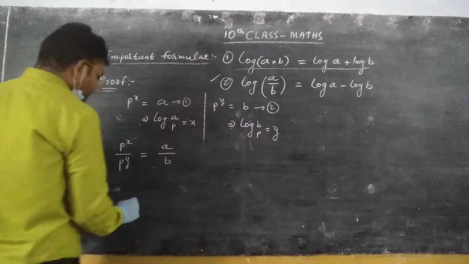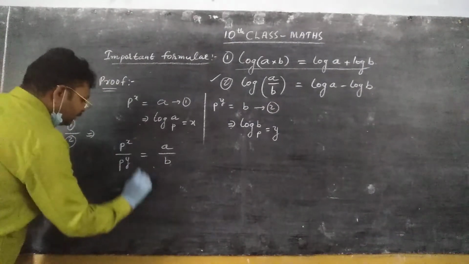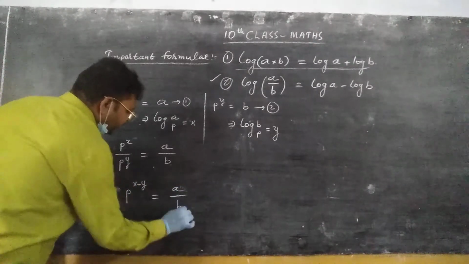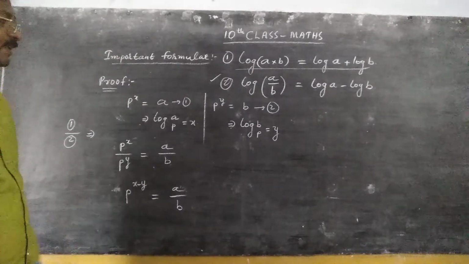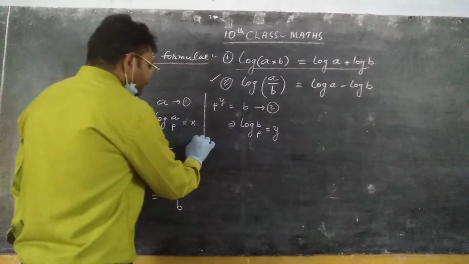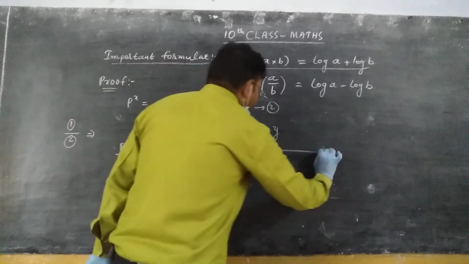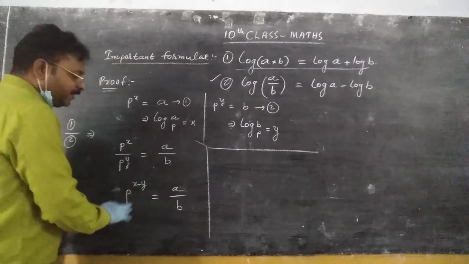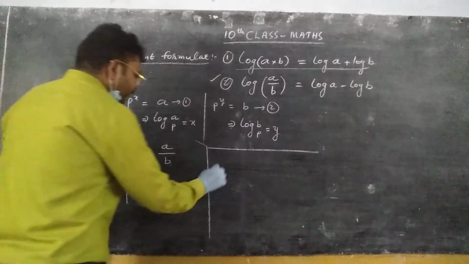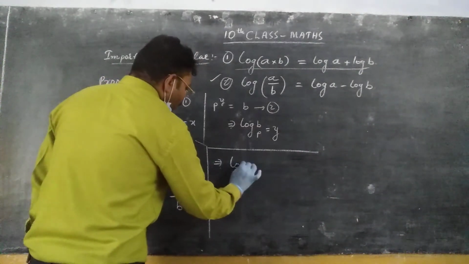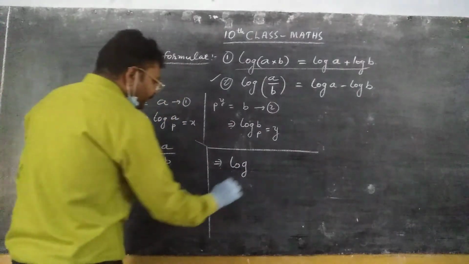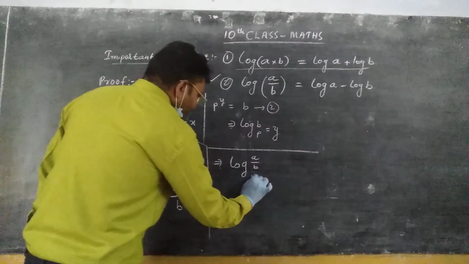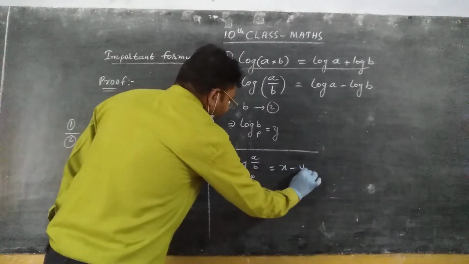Now this implies p power x minus y is equal to a by b. Now children, take this exponential form and convert it into logarithmic form. This implies log a by b base p is equal to x minus y.